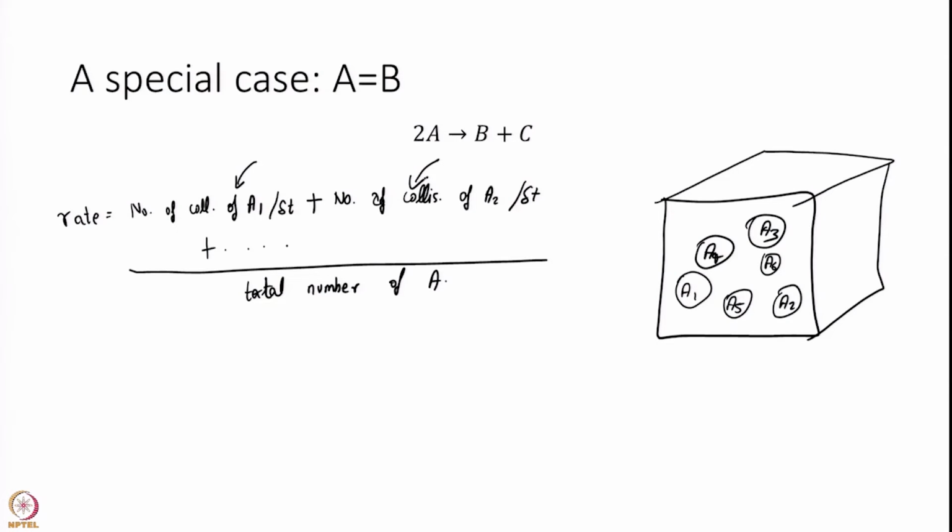So, this rate will be half of the total number of collisions per unit time per unit volume. Because why did this half appear?